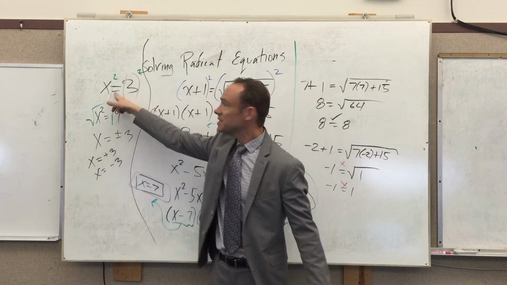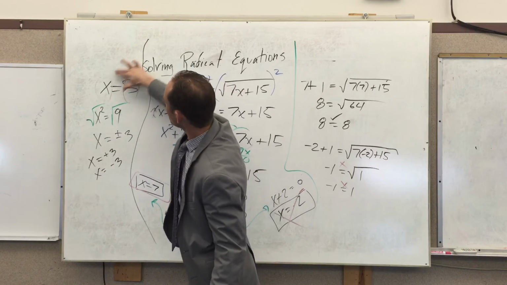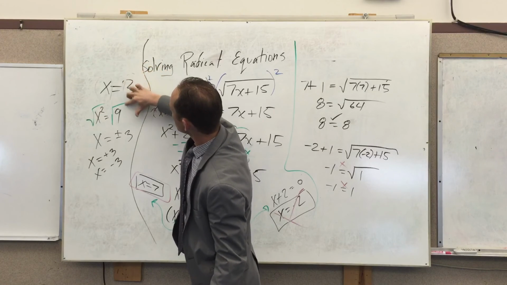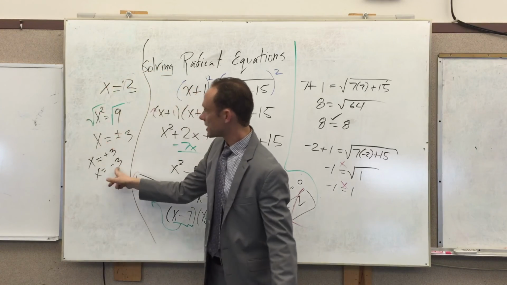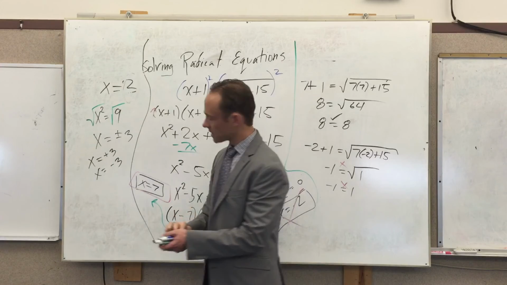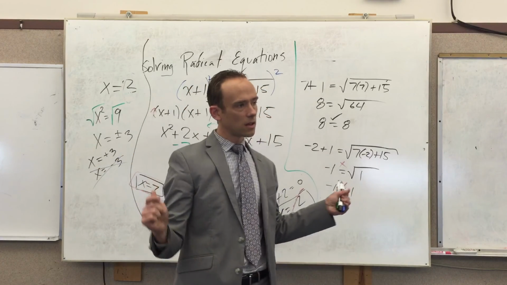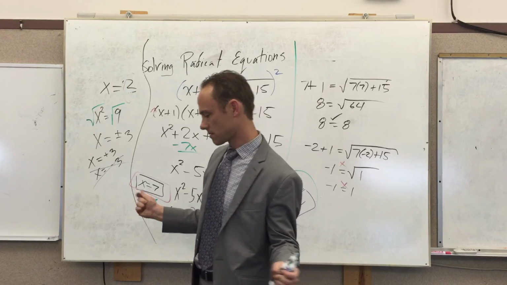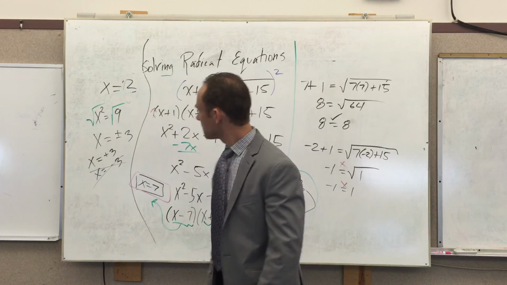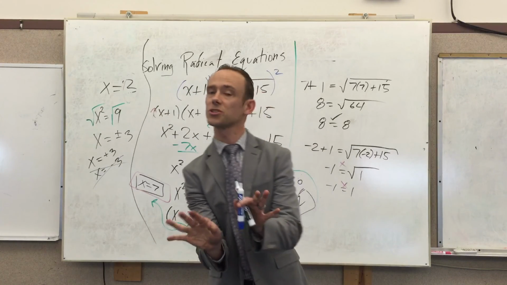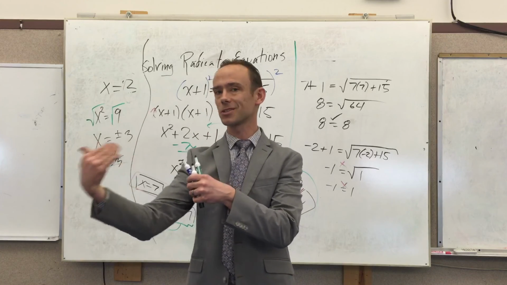But minus 3 is not a solution to the original equation. Look at my original equation. It's just x equals 3. Well, negative 3 doesn't equal 3. And so this is an extraneous solution. Extraneous solutions just kind of happen when we start squaring things and square rooting things.